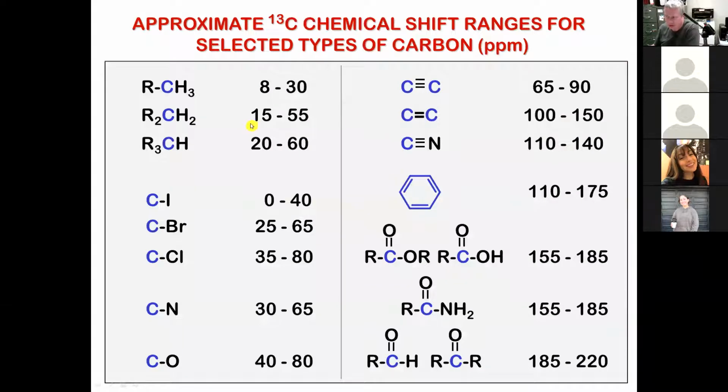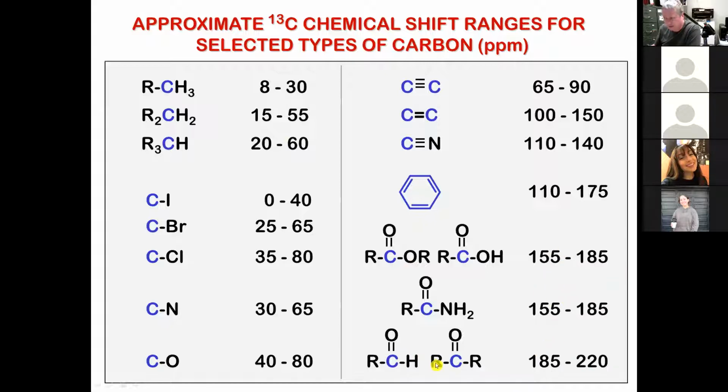This is another little chart of this. Basically, there's multiple ways we can express this. But it just kind of breaks it down into different types of carbon signals. Okay. And like I just said, esters, acids, and amides are in this 155 to 185 range.